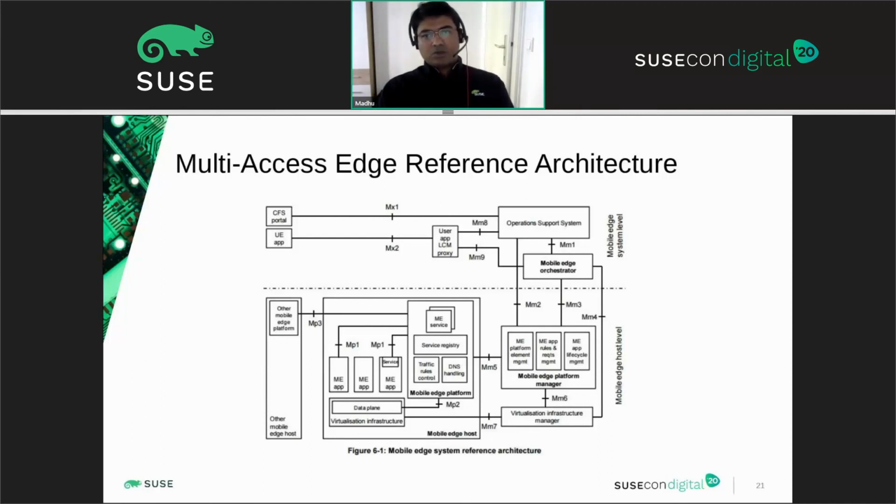A plan that is populated by the mobile edge orchestrator will be executed on the virtualized infrastructure through the virtualization infrastructure manager. And the edge platform itself provides the required environment for running the services.